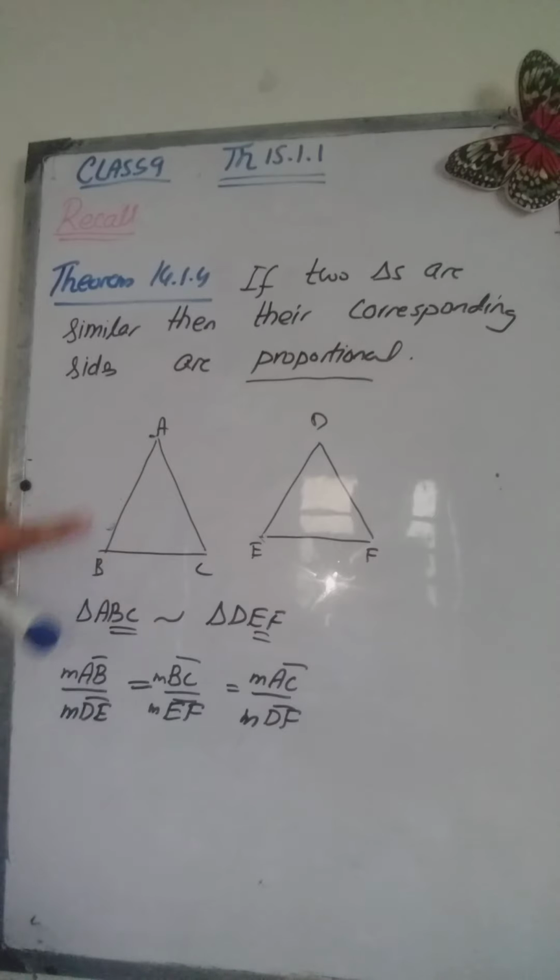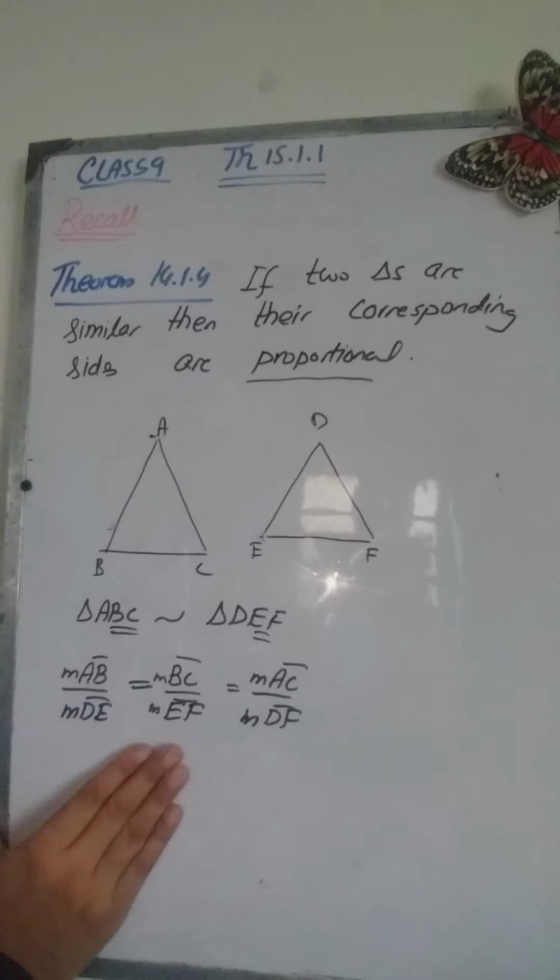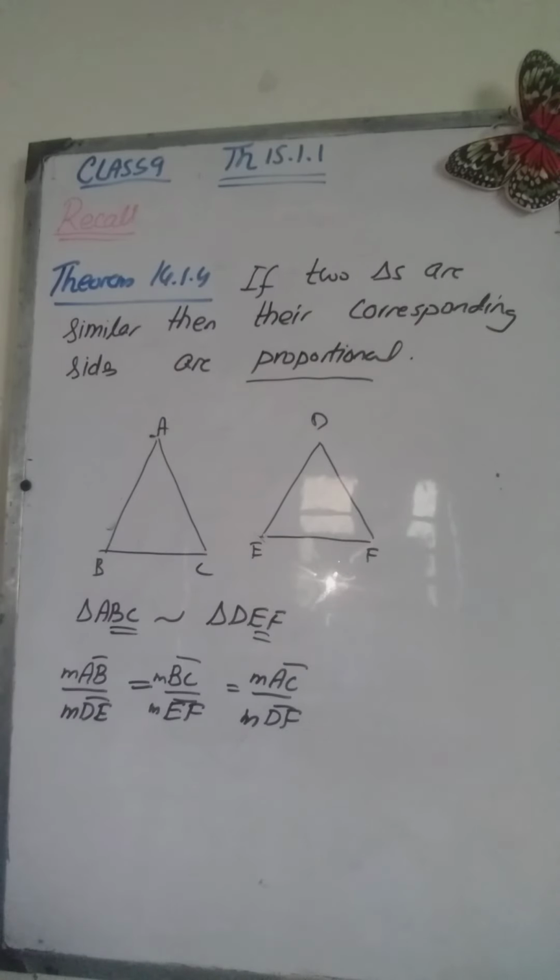So if two triangles are similar, then their sides are always proportional. This is theorem 14.1.4. This statement we are going to use in theorem 15.1. These are the basic definitions and theorems we are going to make use of. We are going to get help from these theorems to prove our current theorem.